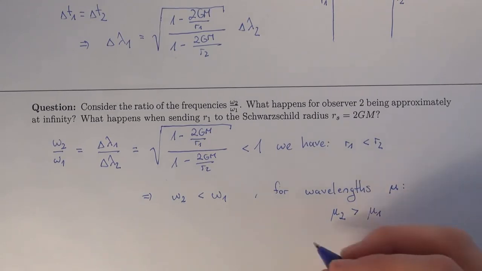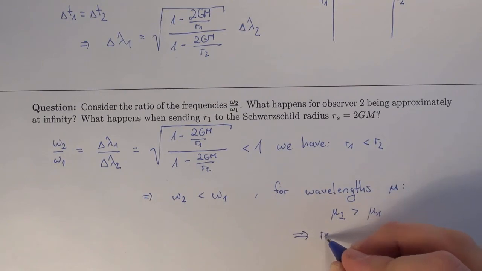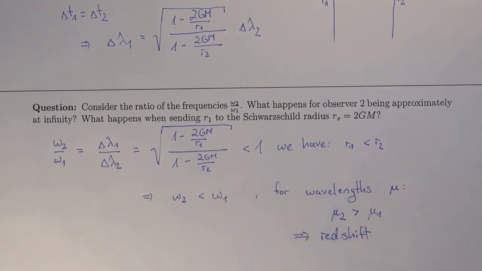And a larger wavelength we always call more red. So we have a redshift.